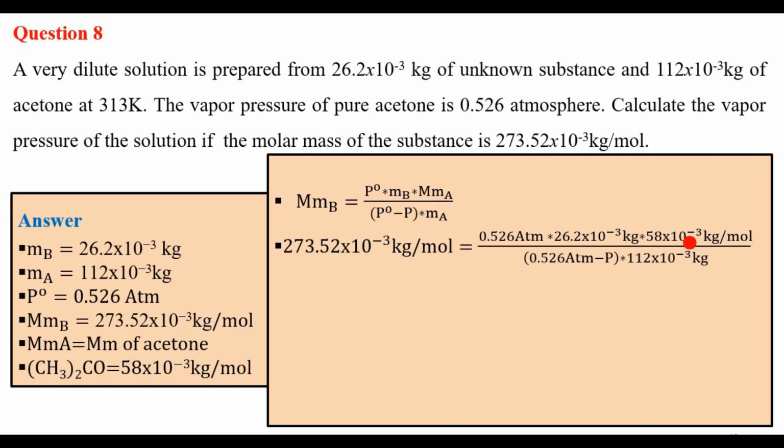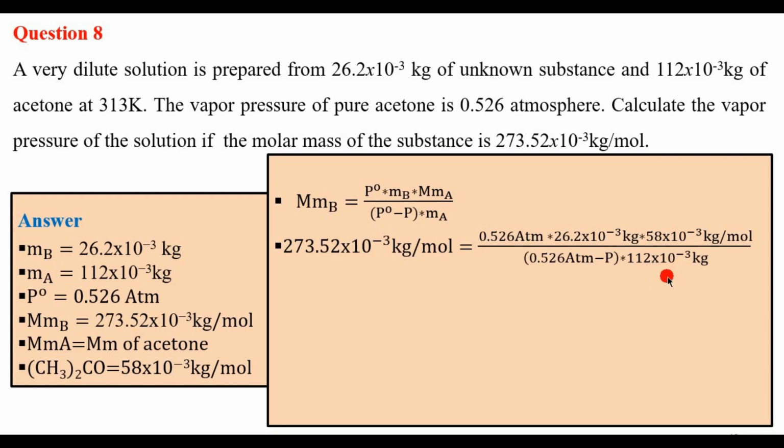Of course, we have converted the molar mass to kilogram per mole, because here also we have the molar mass of the solute in kilogram per mole. Here we have converted the molar mass of the acetone to kilogram per mole. We have also here P naught, which is the vapor pressure of the pure solvent. So this is what we have to determine, the vapor pressure of the solution, and this is the mass of the pure solvent, which is the mass of acetone, and it was given.